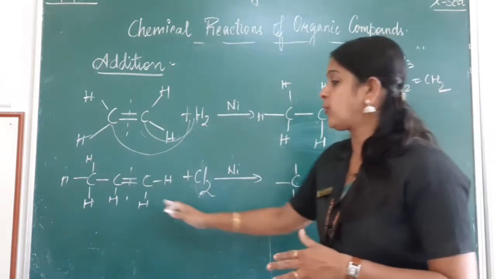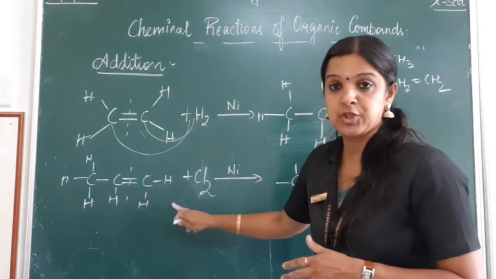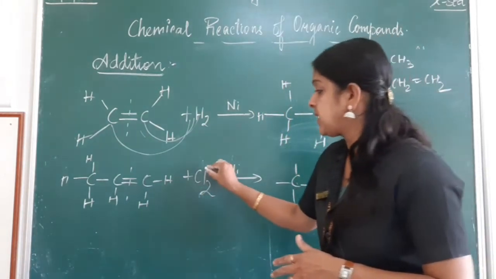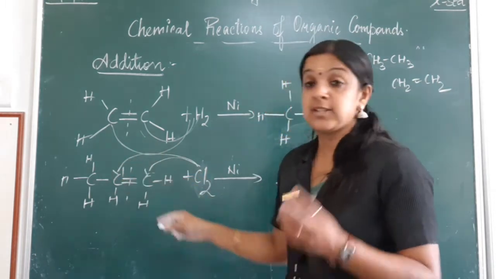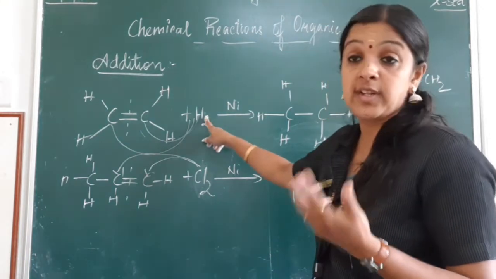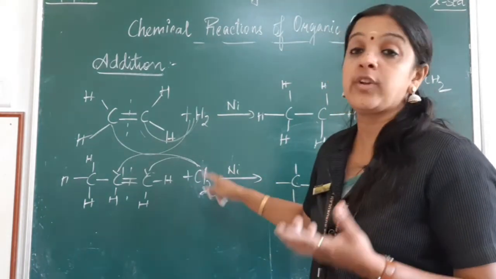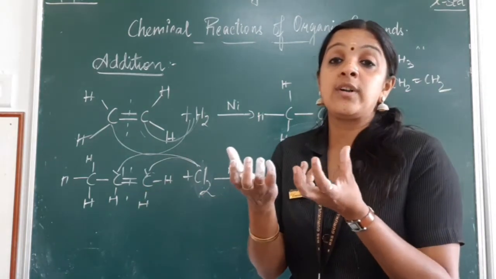Now the same thing when we take propene, CH3 CH double bond CH2, plus Cl2. The 2 chlorine atoms will come and attack the carbons holding the double bond. Reactants like hydrogen, chlorine, bromine attack the carbons where the double bond is present.